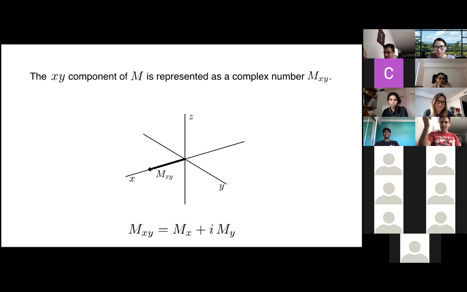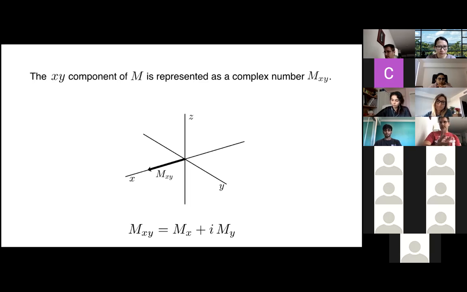So you could rotate a vector with matrices, but now you've got to deal with matrices. Alternatively, since it's only 2 elements, you can represent your vector as a complex number. So rather than a vector of 2 elements, Mx, My, you could just have a complex number where Mx is the real part and My is the imaginary part.